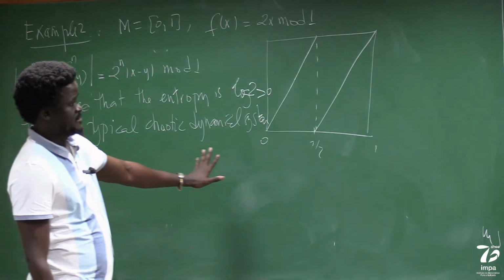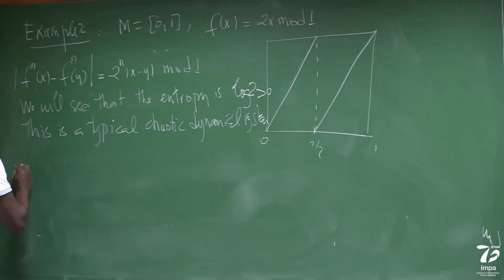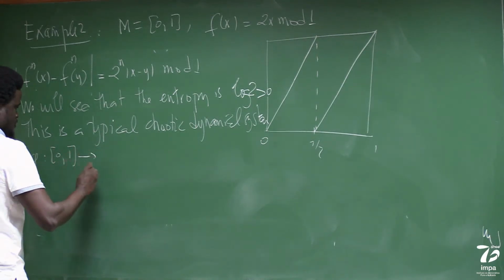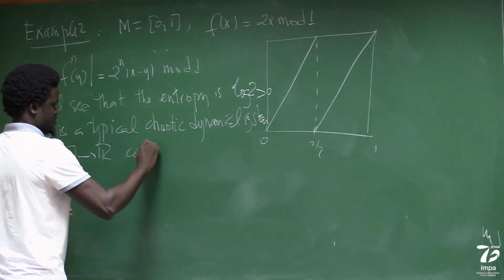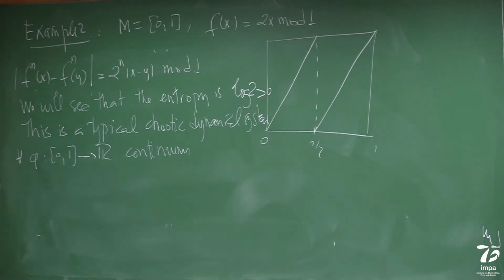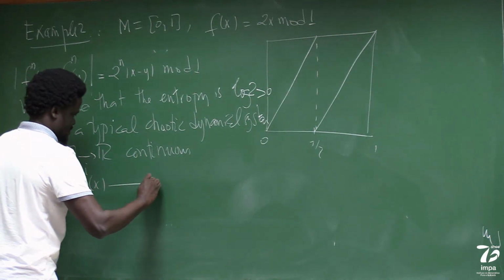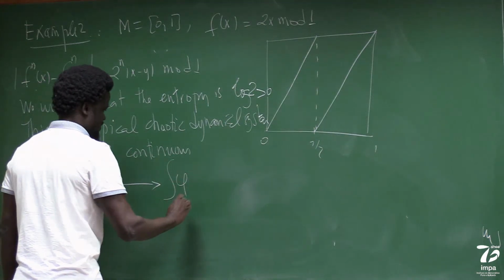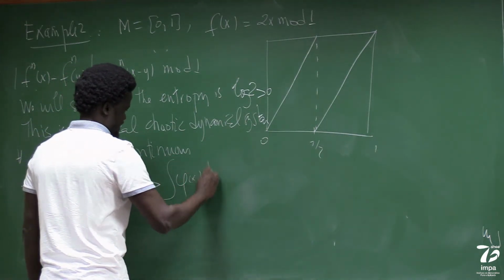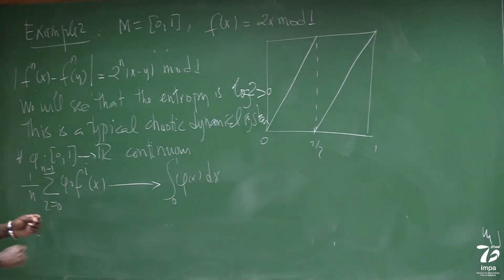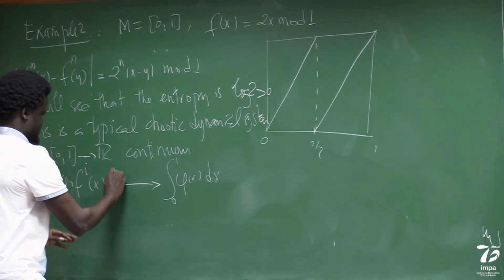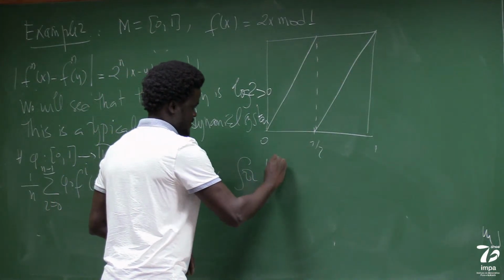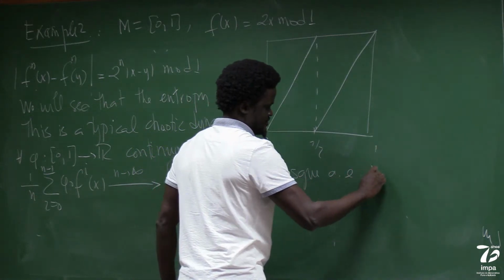Also we will study the Birkhoff ergodic theorem for this, which sounds very interesting here, which says that for every phi from 0, 1 to R that is continuous, we can see that 1 over n, the sum of phi along the orbit, is converging to the integral of phi dx from 0 to 1, as n goes to infinity, for Lebesgue almost every x in 0, 1.